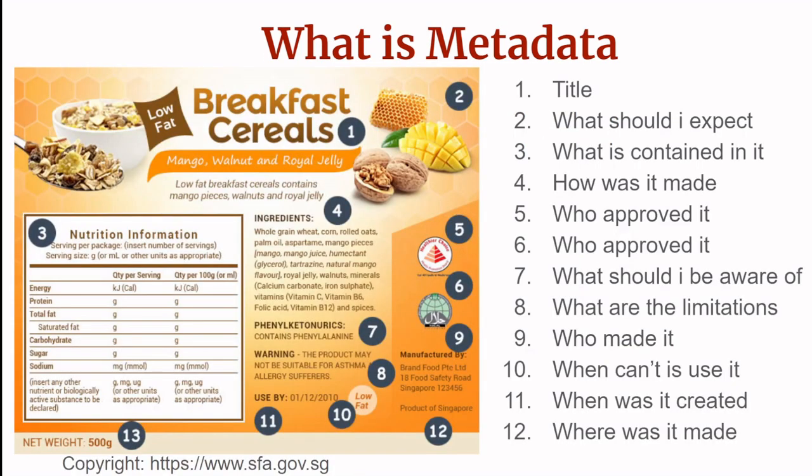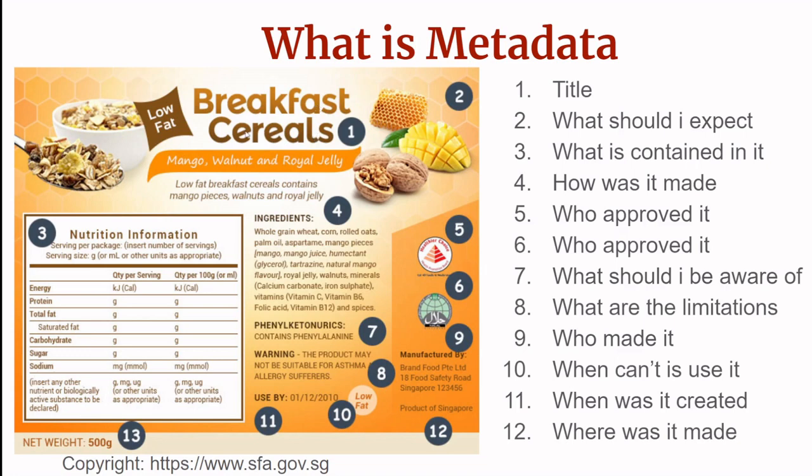So now let's try to combine the two scenarios we've spoken about. In this label around the container, or the tin that we saw, the first one gives us a title, and the title is breakfast cereals. The title gives us a very clear indication of what the whole product is.